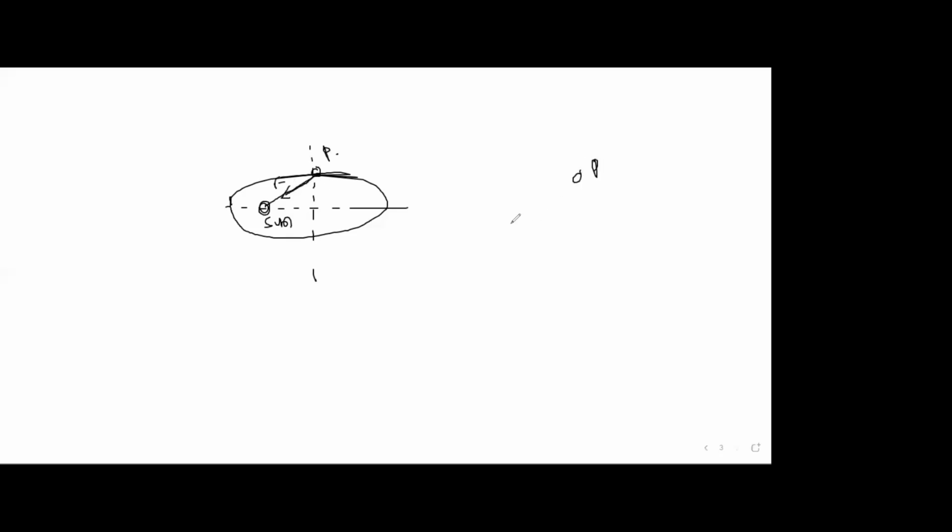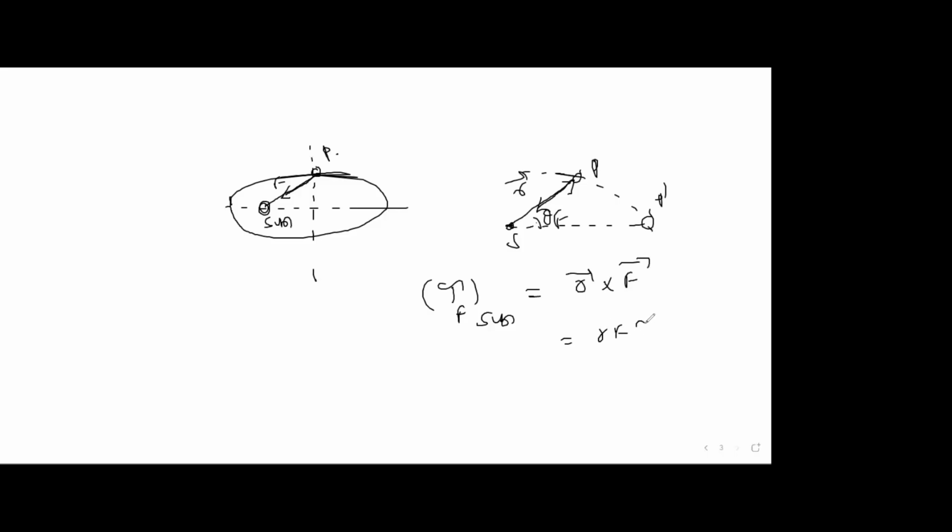This is the planet, this is the sun, this is the position vector of the planet r bar, and on the planet the gravitational force acts like this. If it is revolving and going from P to P dash position, the radius vector is rotating. The torque of the gravitational force about the sun is r bar cross F bar, that is r F sin theta, where theta is the angle between the position vector and the force vector.